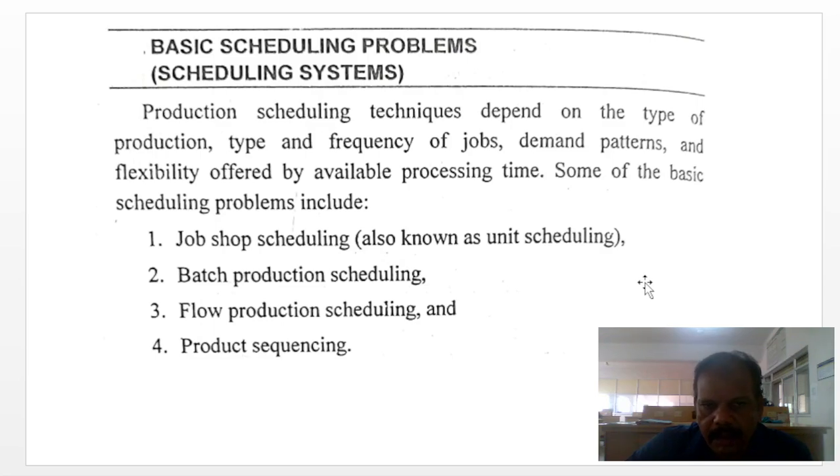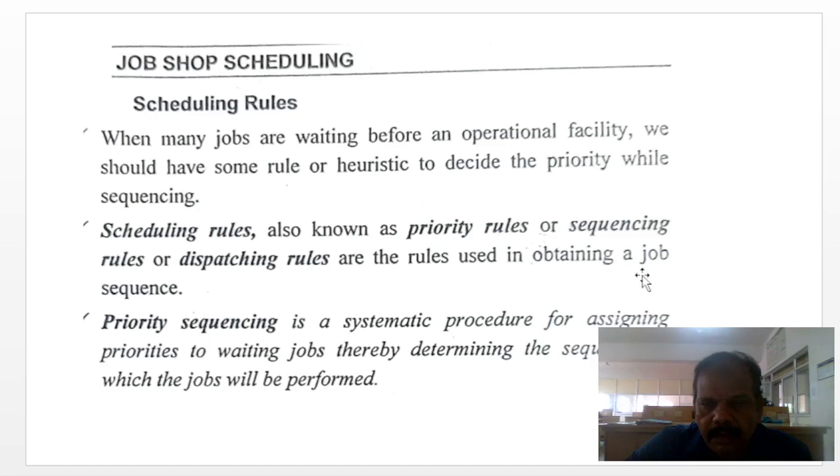So let us explain the job shop scheduling procedure in depth, which uses Johnson's rule. We'll see a simple problem, and before that, what are the rules? Why is it called sequencing?